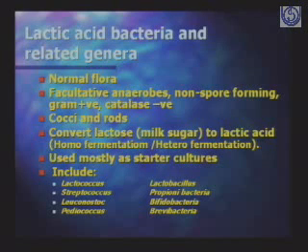This conversion takes place via two routes. One is homofermentation and the other is heterofermentation. Homofermentation means the major product is the lactic acid, whereas in heterofermentation, lactic acid along with other compounds, which are usually the aroma compounds, is produced.